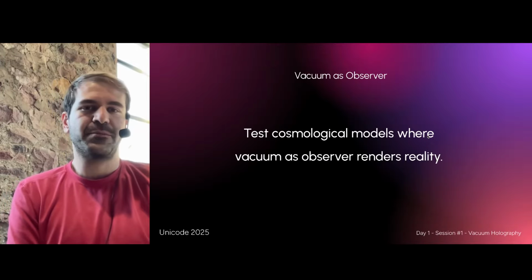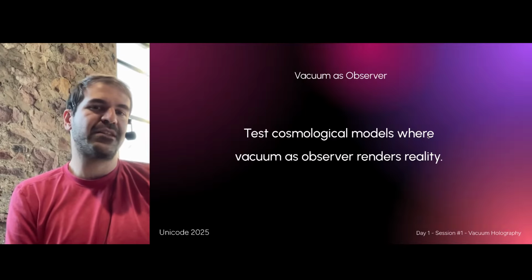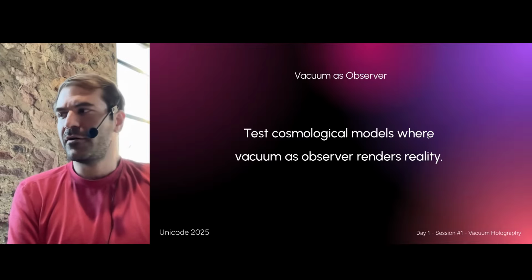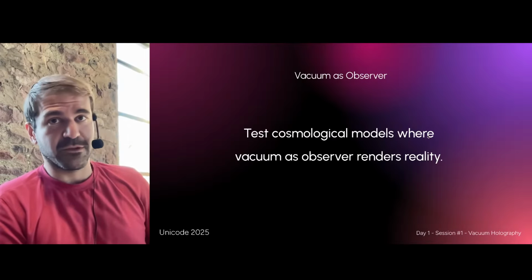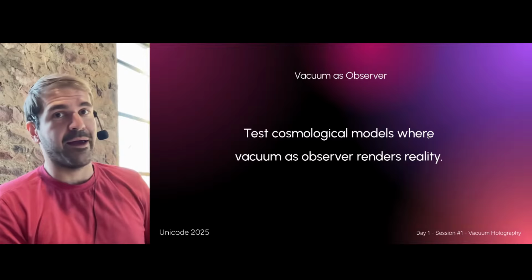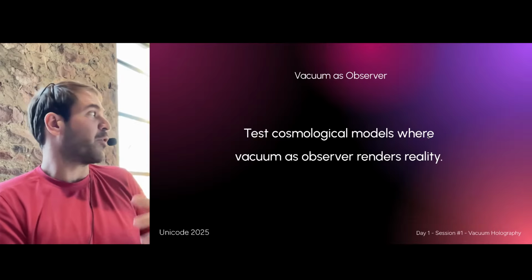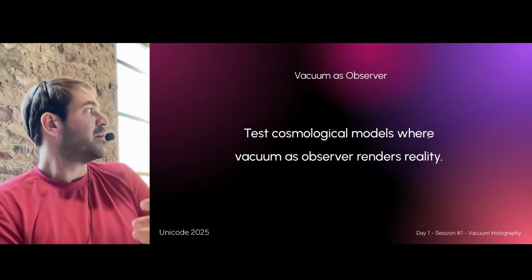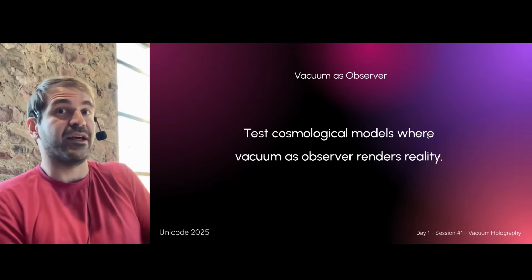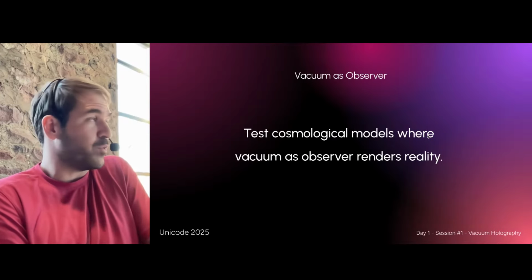So vacuum as observer: test cosmological models where vacuum as observer renders reality. I'll be completely frank, I am not an experimental physicist, so the extent to which I can create experimental trials and tests and probes into this is more limited than actual experimental physicists, who know much more how to do these things.